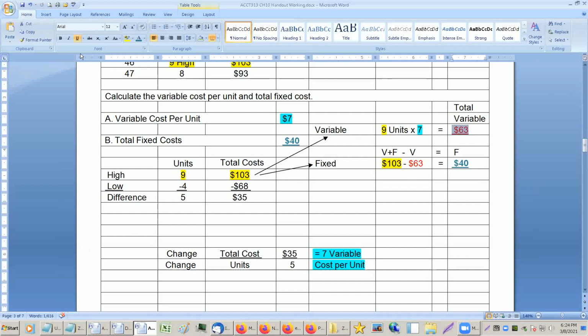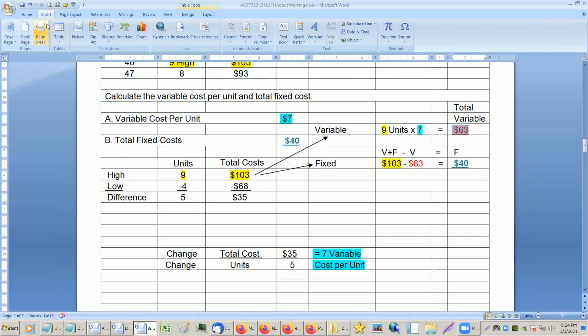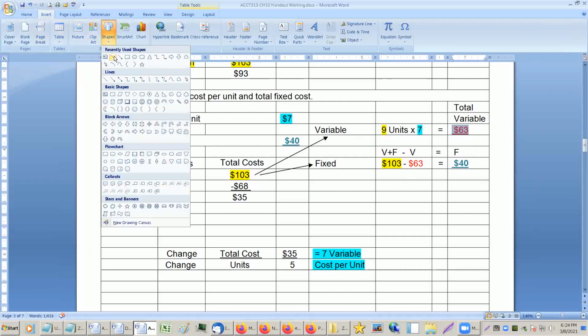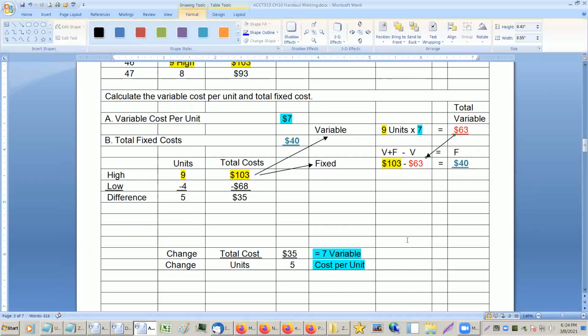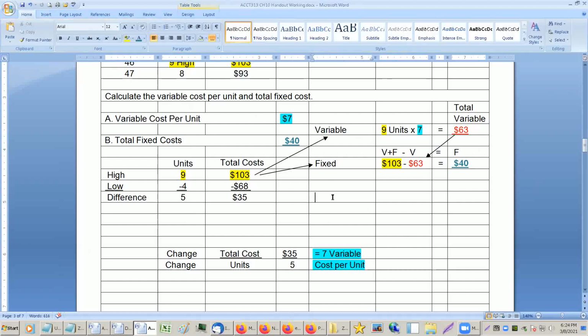So 63 is variable, so the rest of it must be fixed. And you can check your answer down here, same way.